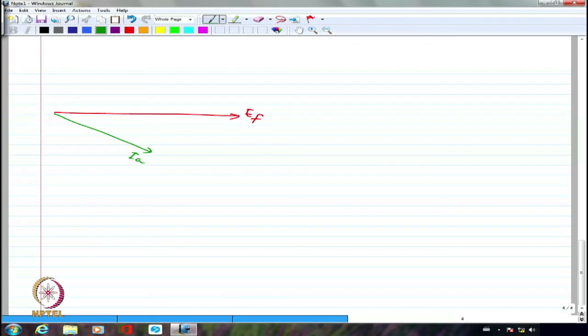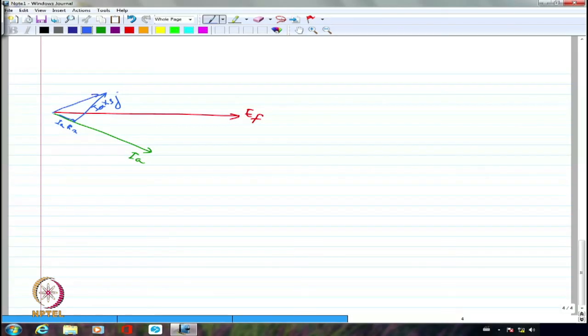So, what I need to do is to first of all construct the triangle corresponding to Ia Ra, if at all I am looking at resistance also. Perpendicular to that will be Ia Xs. Please note Ia Ra should be minuscule compared to Ia Xs. This is of course Ia jXs. That's why 90-degree shift we have shown.